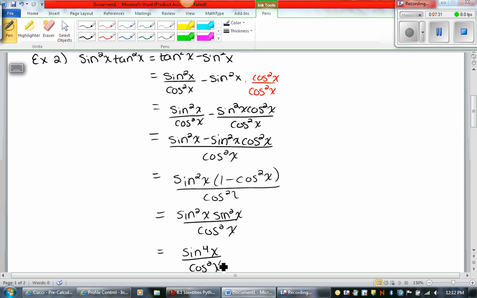Okay, so I've done a whole lot of work, but I don't seem to have been able to get to the left-hand side of this equation. So what I need to do from here is take a peek at the left side and see if I can manipulate that to get down to sine to the 4th x over cosine squared x. So let's play around with this. Again, I know that tangent is sine over cosine.